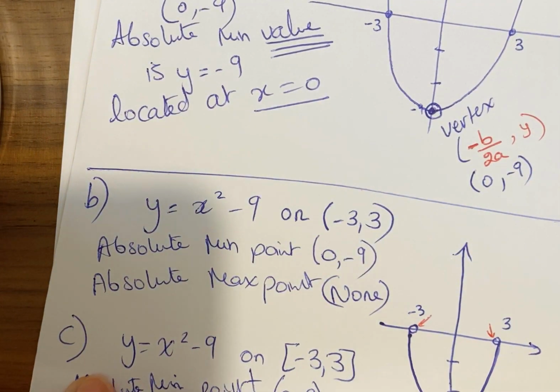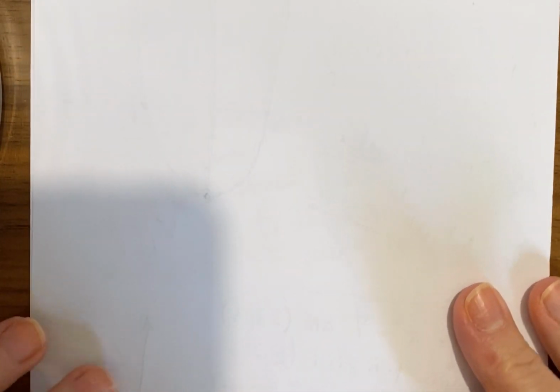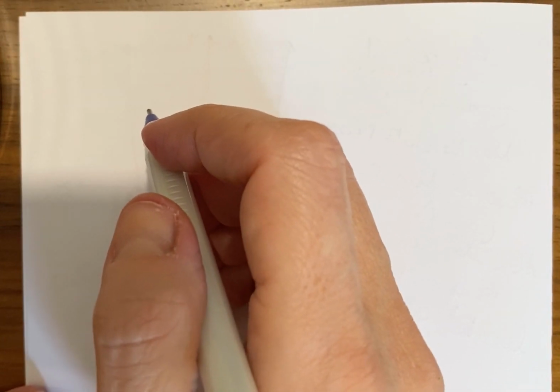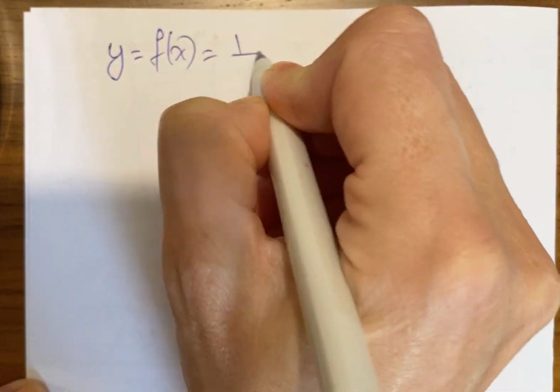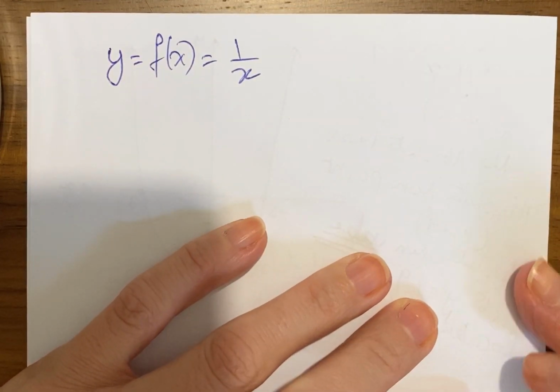Now, this being said, it becomes a question. Look at this function, because let me show you, it shows you different cases. We want to try to find a pattern to know how to find absolute max and absolute min, because sometimes we cannot draw all the graphs.